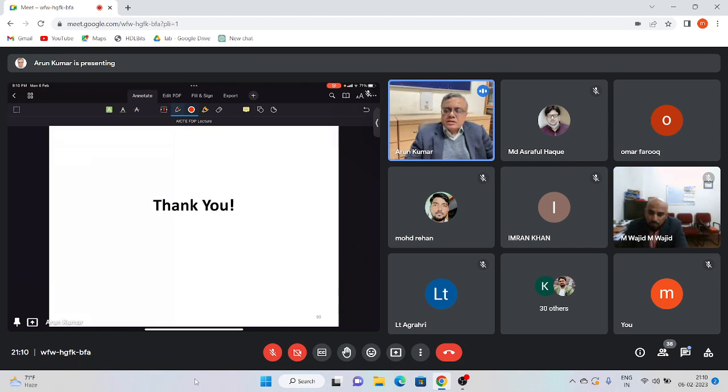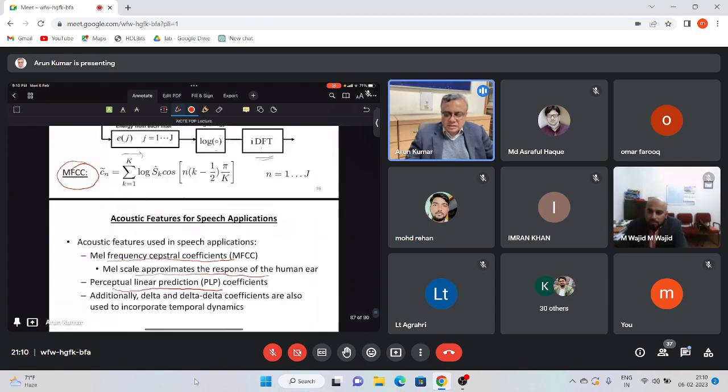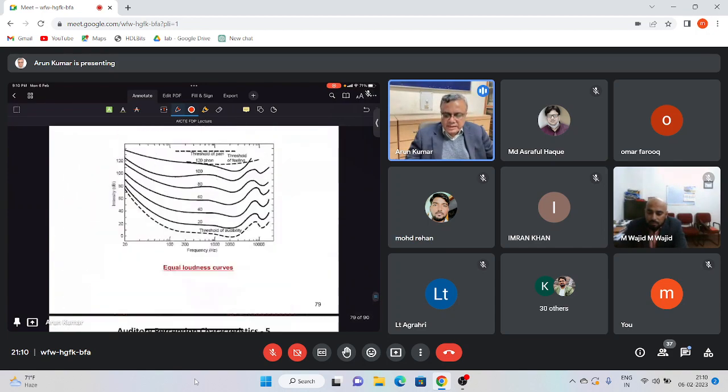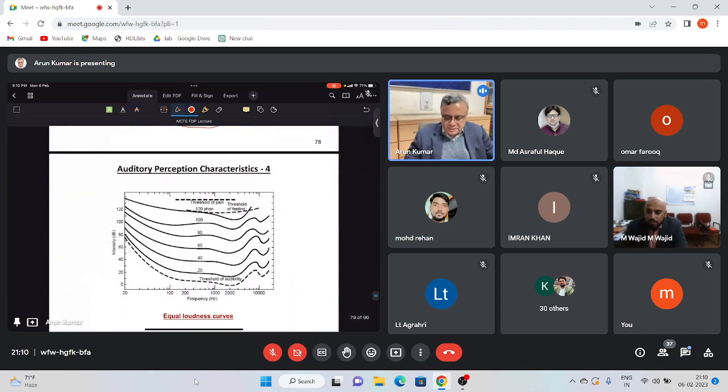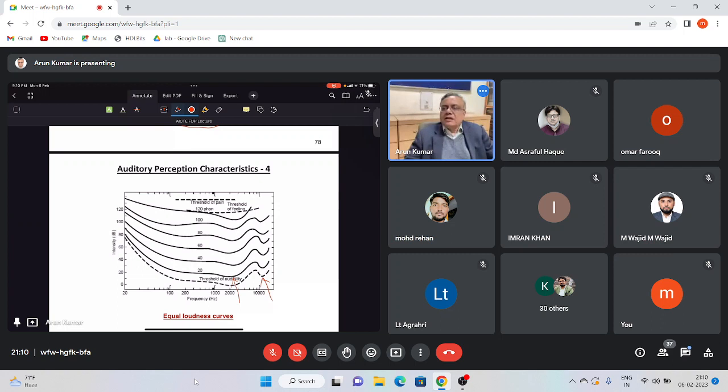So the human ear can be considered to be closed at the eardrum end, and then taking the length of the outer ear, you have the first resonance and the second resonance, and those fall at certain frequencies. So if you look at the plot of the threshold of audibility, then you have these dips. This is one dip and this is another dip. This corresponds to the first and the second resonance of the outer ear canal.